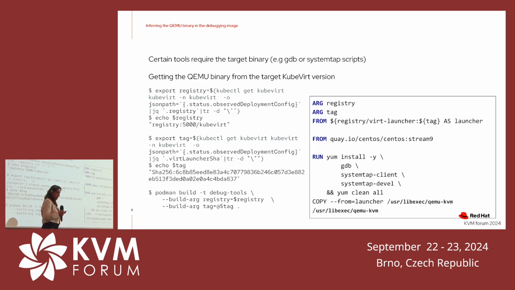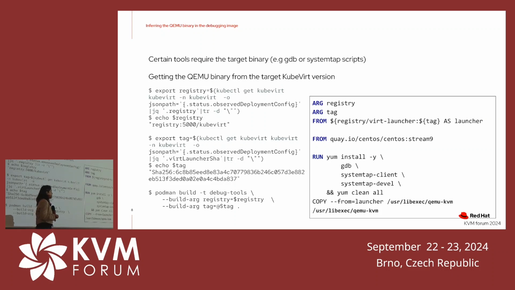You can get this information from the KubeVirt custom resource definition. There are some fields like observed deployment config and version. So basically from this environment variable, you can get exactly the image that is deployed in your cluster.